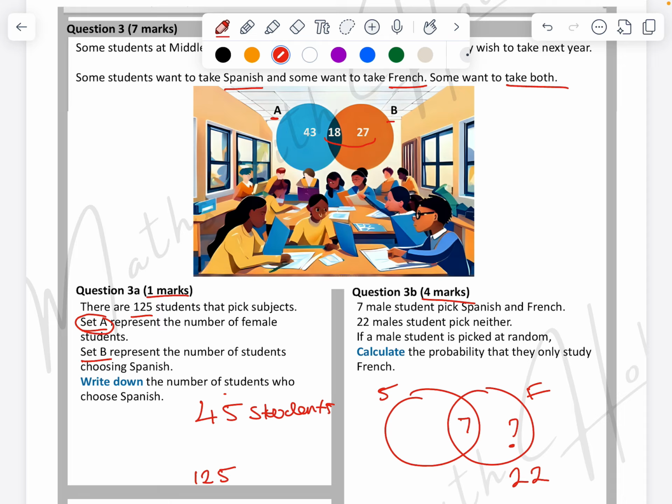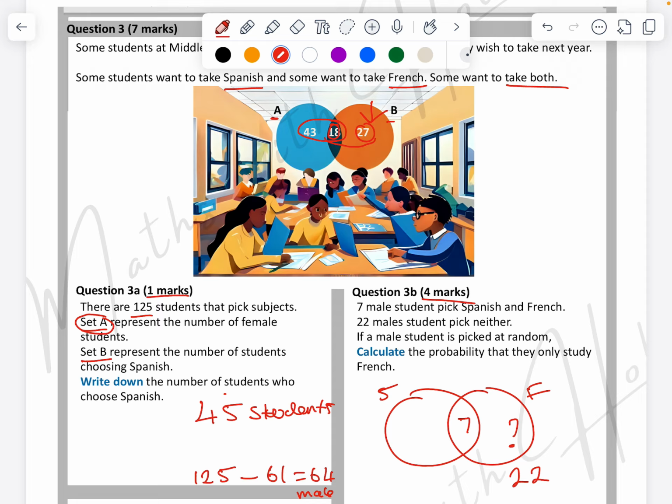We were told that set A was for female. So if I subtract just the female, which is the blue circle, that's going to be 61. 43 and 18 is 61. So that means I have 64 male students. Okay. Then if I look at the diagram again, it tells me that of the Spanish students, 18 of them were girls. So that means the 27 that are in this section are male.